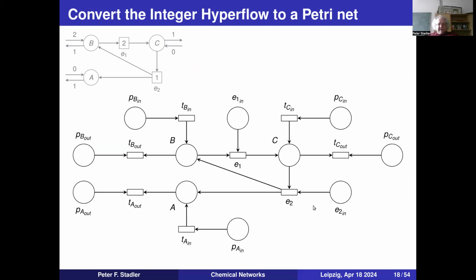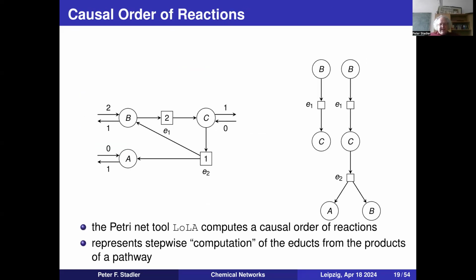In order to do this in a formal way, what one essentially can do is add additional input and output places into the structure of the original network, and then one can play this network through.